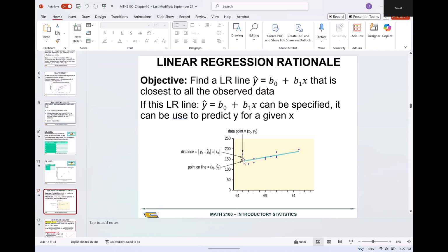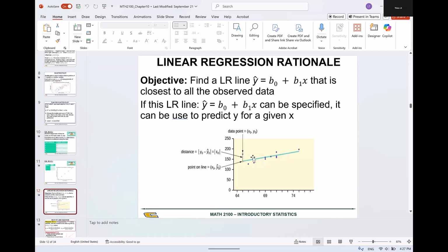Then you find the distance between y0 and y0 hat. Y0 is the observed data, and y0 hat is the data predicted from the line. And you just keep doing that for all the data points, okay?